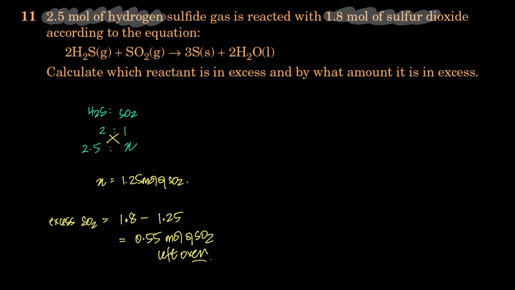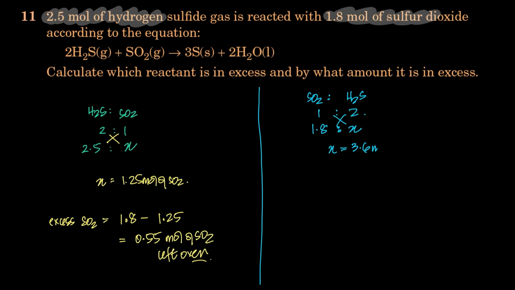Okay. Now, what if you didn't start off with H2S? Let's say you did want to start off with SO2. Then you'll realize that, since my ratio is 1:2, 1.8 would need to react with how many? In that case, the amount of H2S comes out to 3.6 moles.